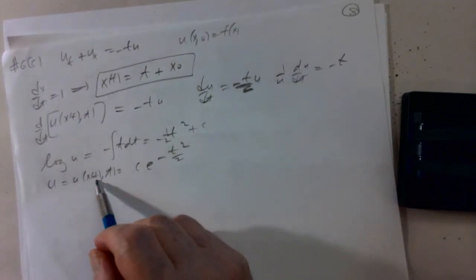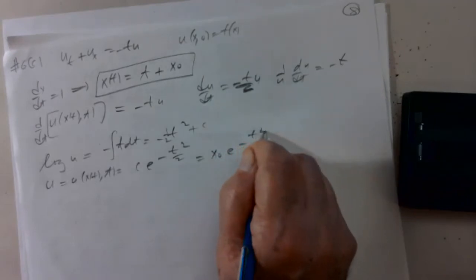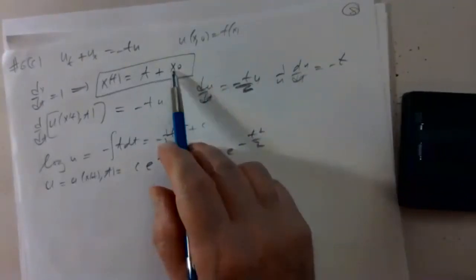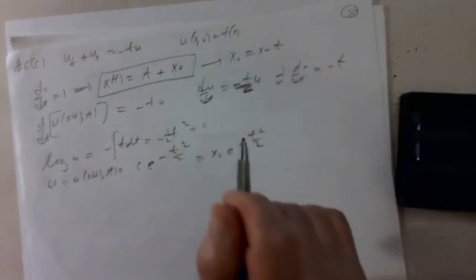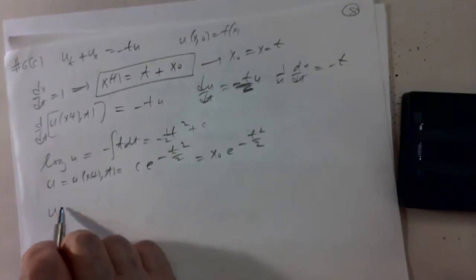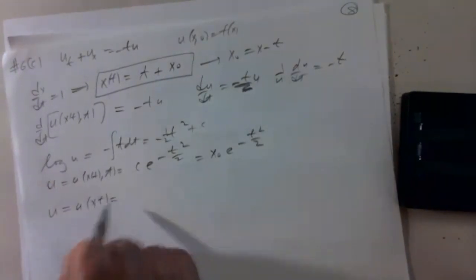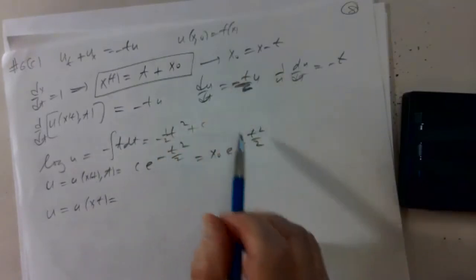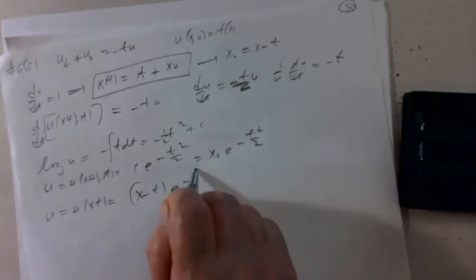When t is 0, this is my x0, and x0 is x minus t. So I get u is equal to f of x minus t, e to the minus t squared over 2.